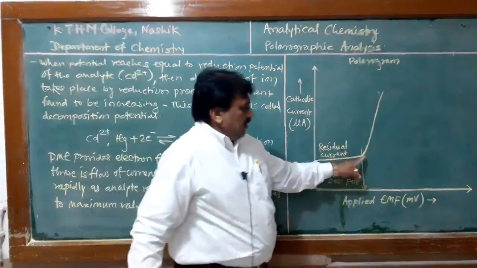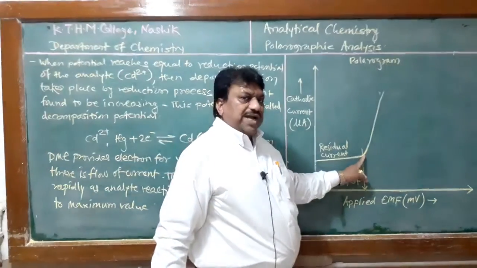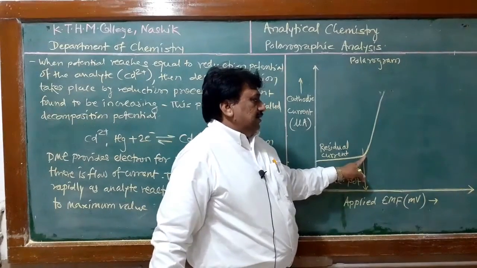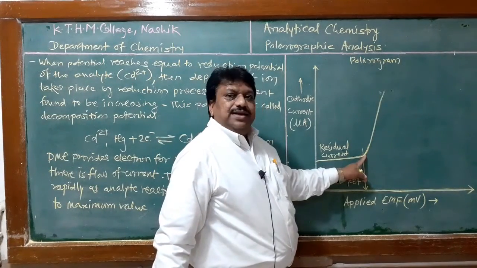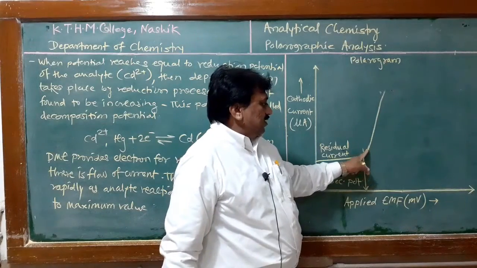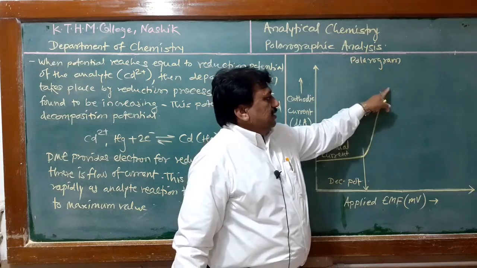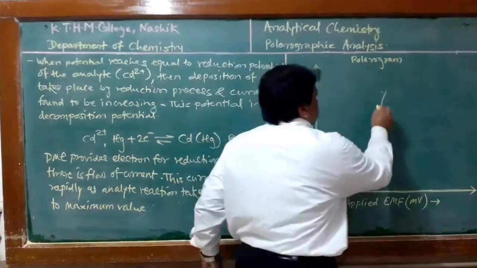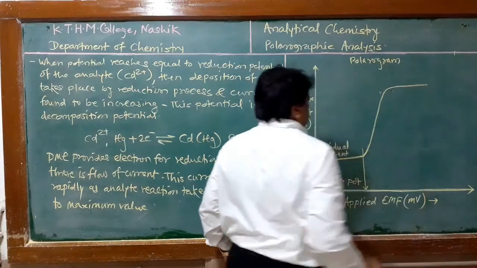Therefore, from here the electrolysis process starts and deposition of cadmium takes place. Cadmium takes 2 electrons from the DME and gets converted into cadmium amalgam. As the total cadmium ions are reduced, the current becomes constant.